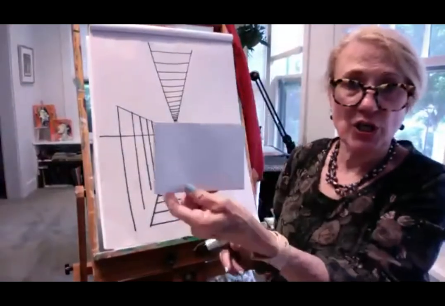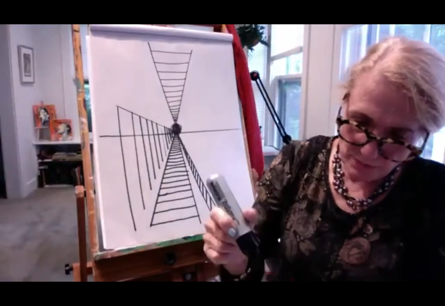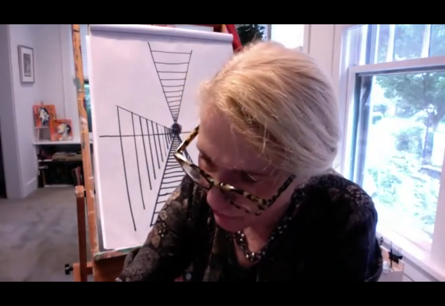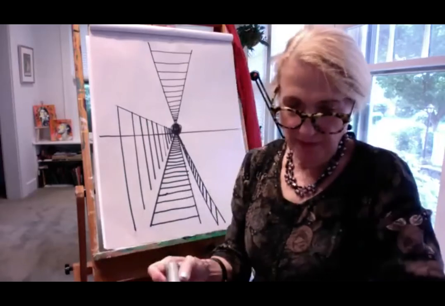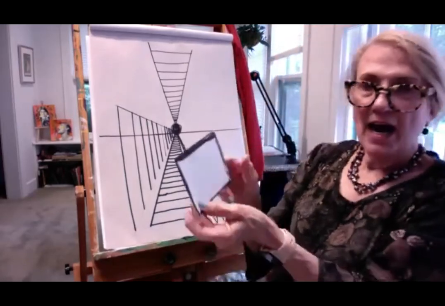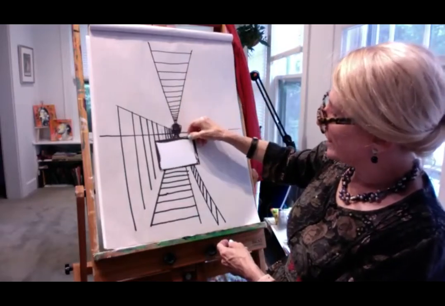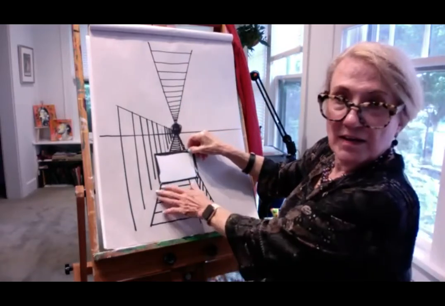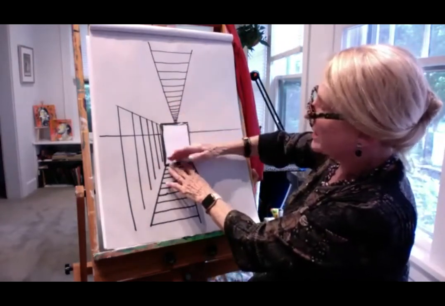I'm just going to show you how I'm going to take a piece of paper and put a black edge around it so I can show you how you don't always have to show where your vanishing point is. Sometimes what's happening here, we don't see where the vanishing point is because there's a wall.